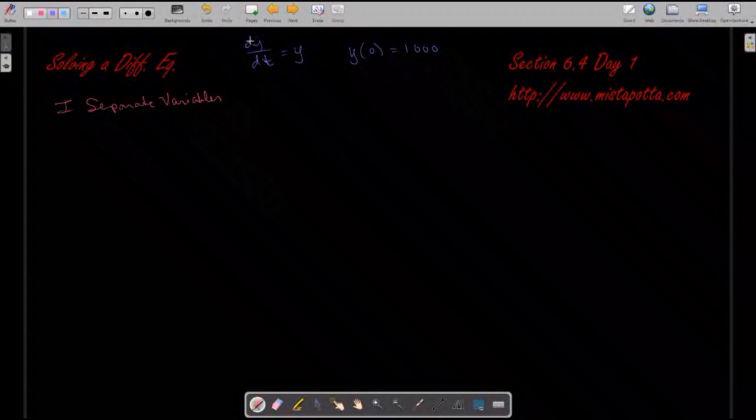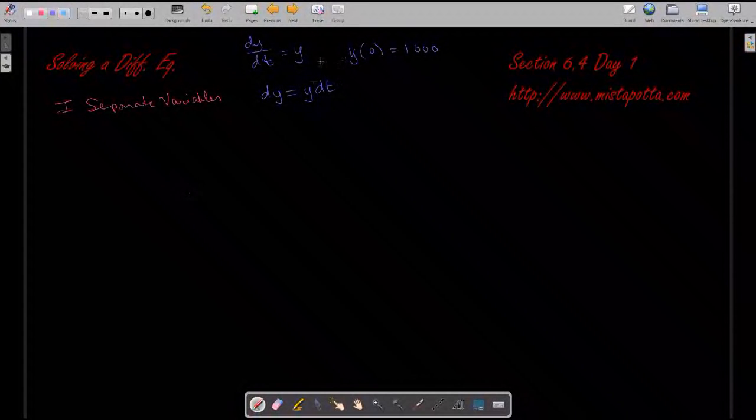I want to get all of my y terms on one side, and I want to get all my t terms on the other side. So the first thing I'm going to do is move my differential over to the right side. So I end up with dy equals y dt.